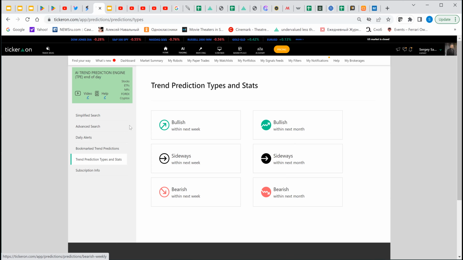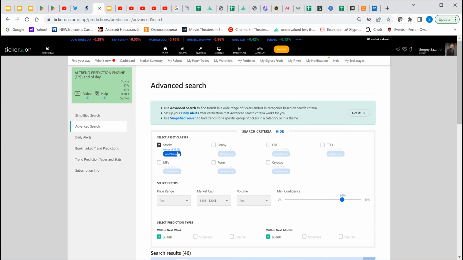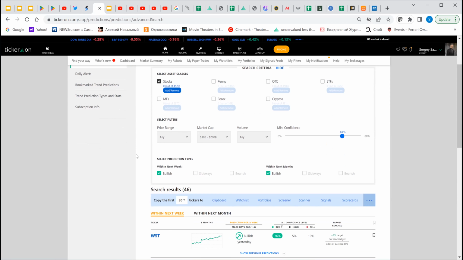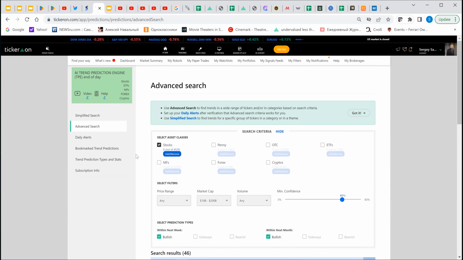So we are predicting these types of directions, and then you can also go and create your own robot for different types of equities, like stocks, penny stocks, OTC, over the counter, ETFs, mutual funds, forex, and crypto. That way you are again in charge of creating your own robots.